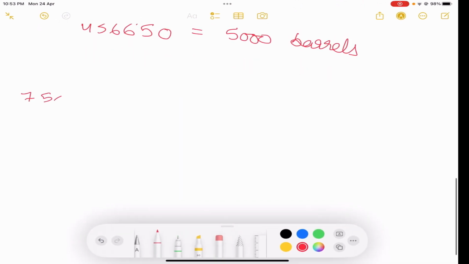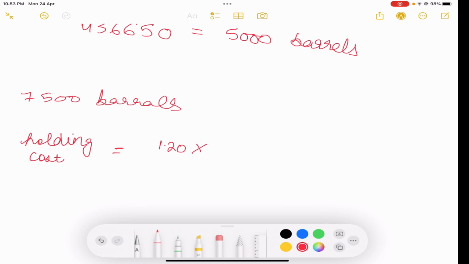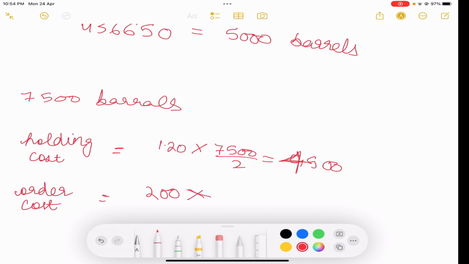Now I'm going to find for 7,500 barrels, again the same way. My holding cost is going to be average inventory, which is 4,500. My ordering cost would be the cost of one order multiplied by my annual demand divided by my order quantity, which would give me 980.